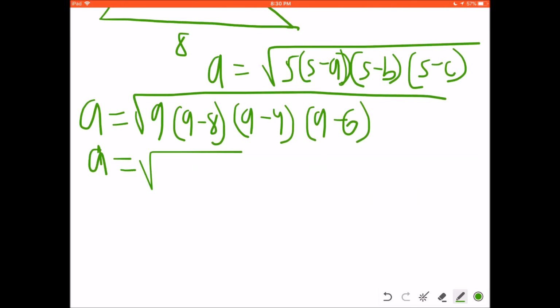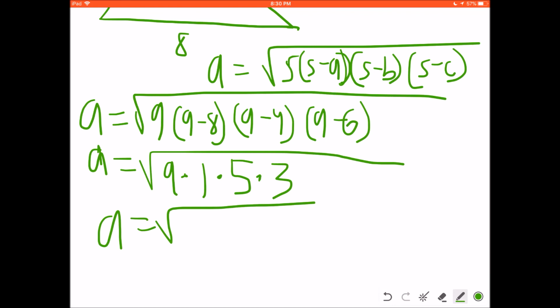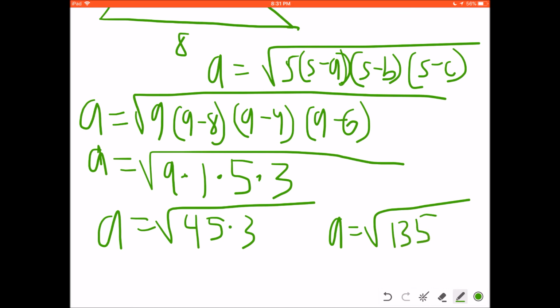So A equals the square root of 9 times 1 times 9 minus 4 is 5, times 9 minus 6 is 3. So A equals the square root of 9 times 5 is 45 times 3. So A equals the square root of 135. So that's your area, units squared or whatever.